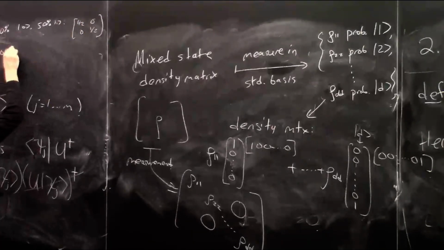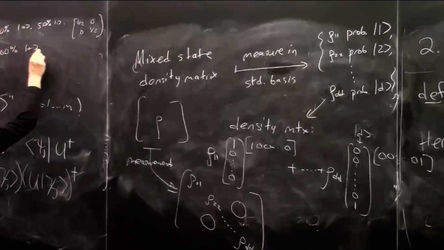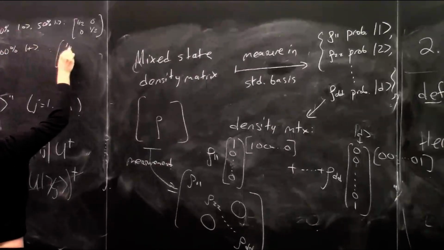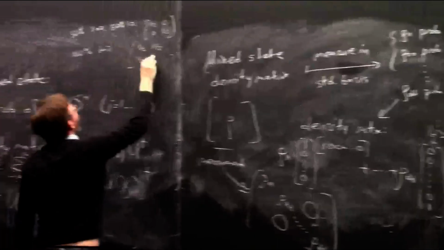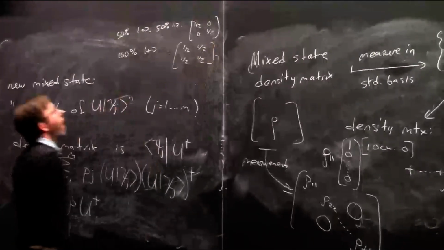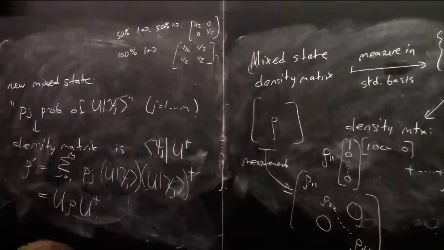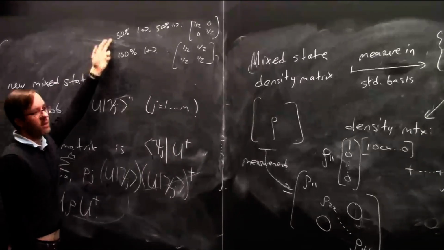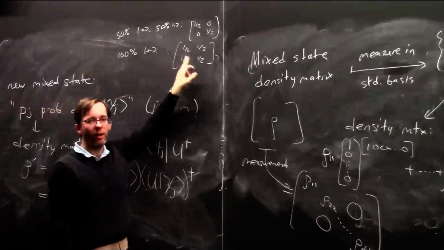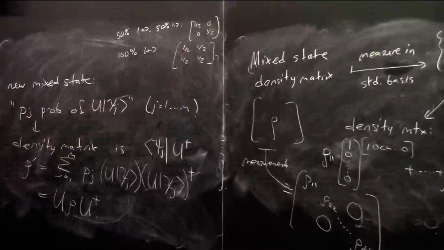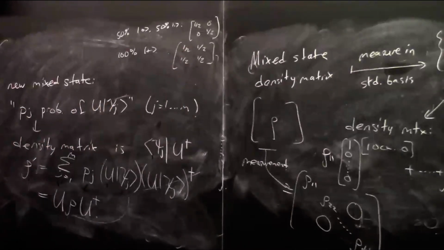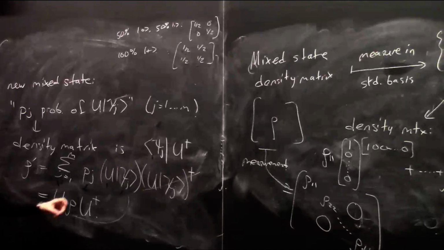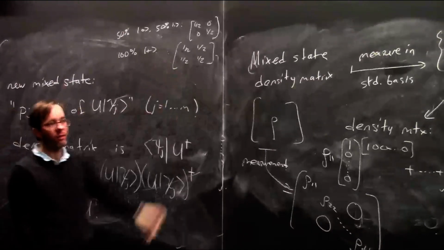And 100% plus has this density matrix. So they have the same diagonal. And indeed, if you measure them in the standard basis, you will get the same measurement outcomes. You won't tell the difference between this and this. You'll see each of the two possibilities with probability a half each. But there is a way to distinguish them, measuring in the plus-minus basis. Or first, doing a certain unitary transformation, and that'll change the diagonals.